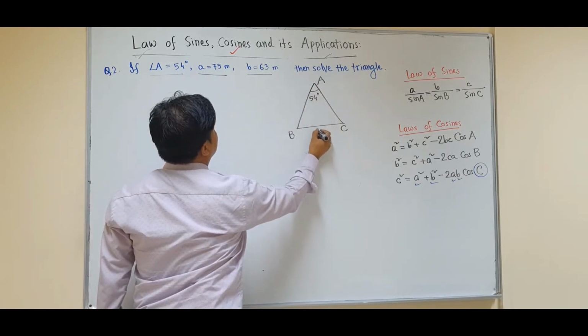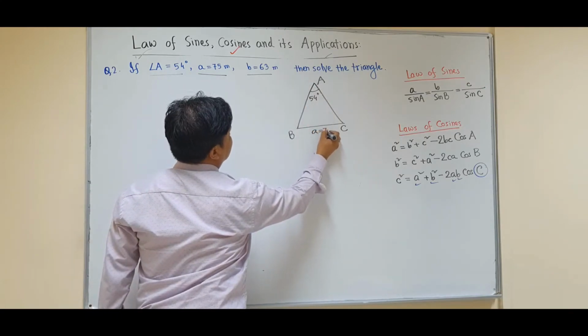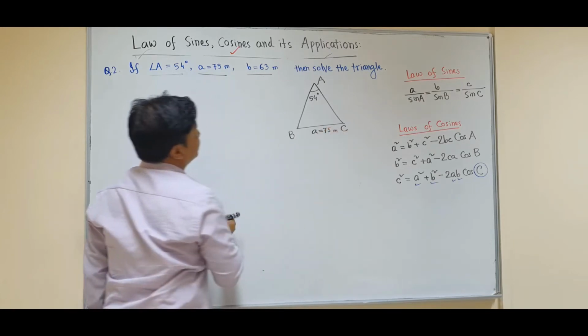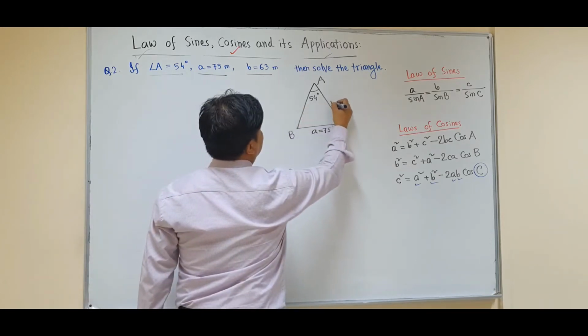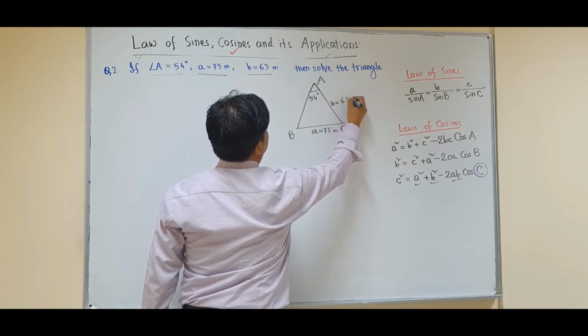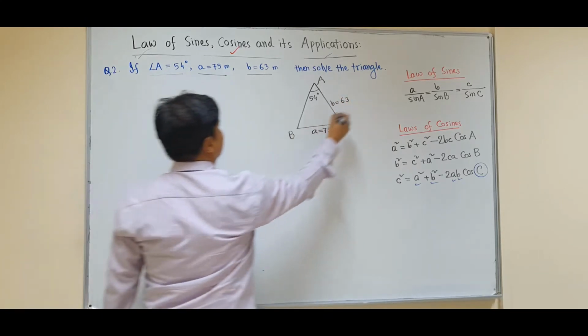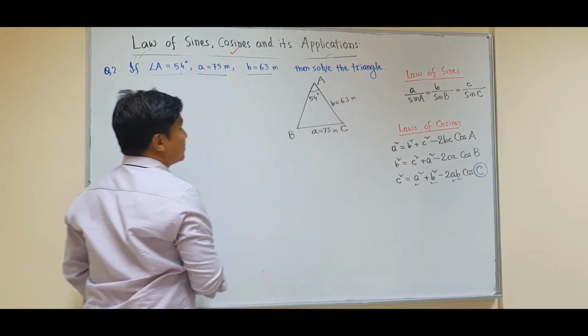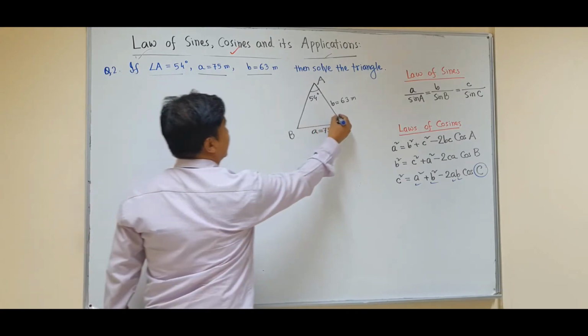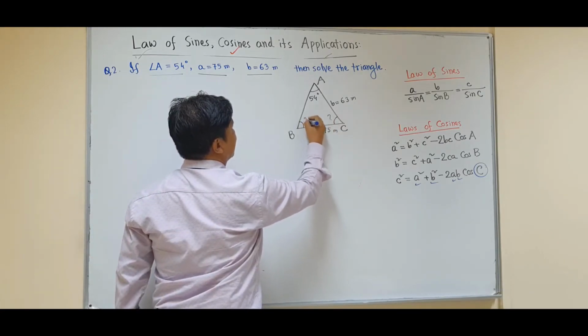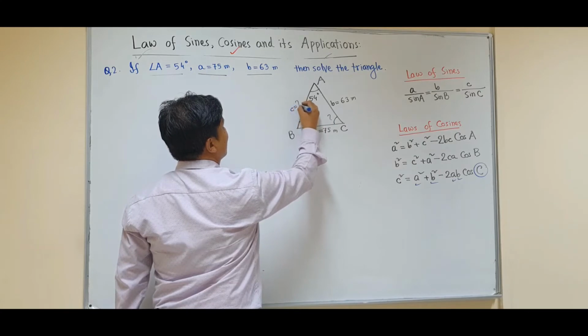Side A, which is opposite of angle A, is 75 meter. B, which is your side, 63 meter. So we want to find out angle C how much, angle B how much, and small c how much.